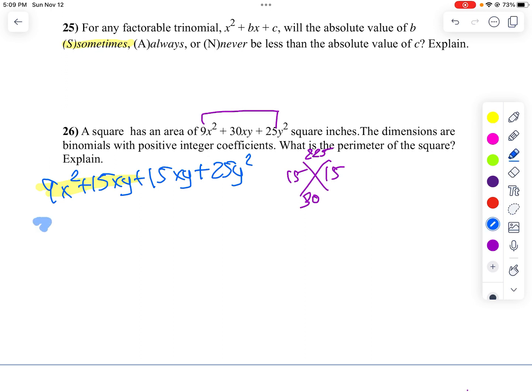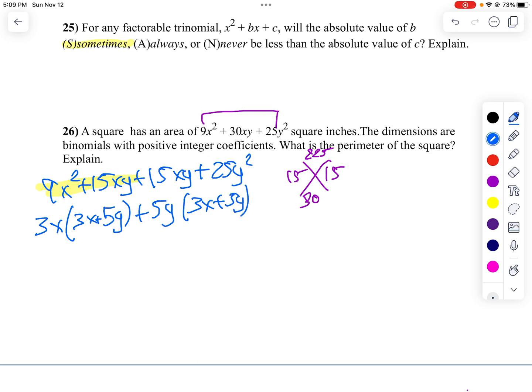So we'll go 3x times 3x plus 5y. If I look at my next two, 15 and 25, 5y goes into both of them. And I'll get 3x plus 5y. So in other words, it's 3x plus 5y for the length. The width is 3x plus 5y.